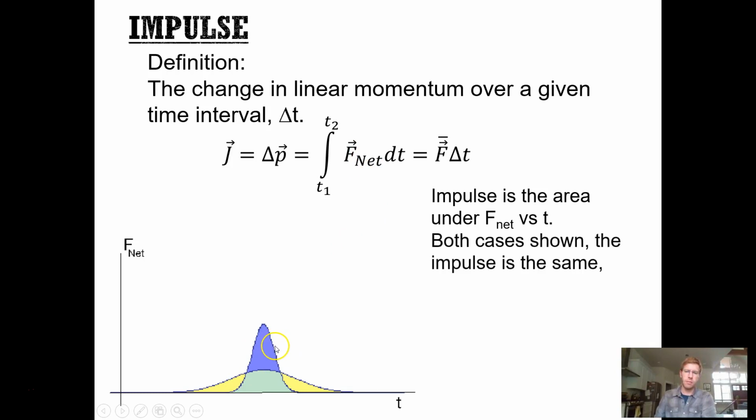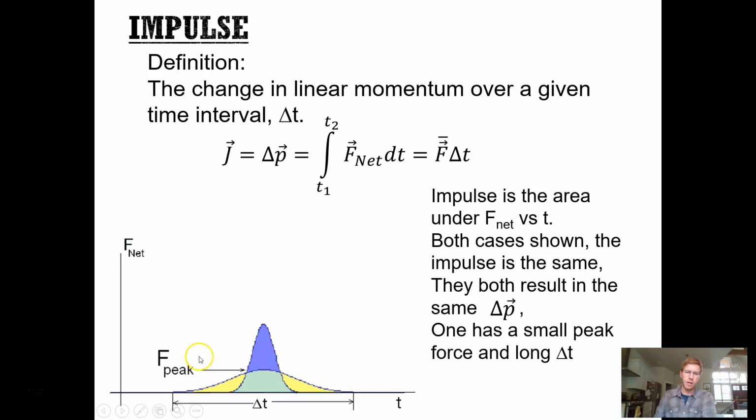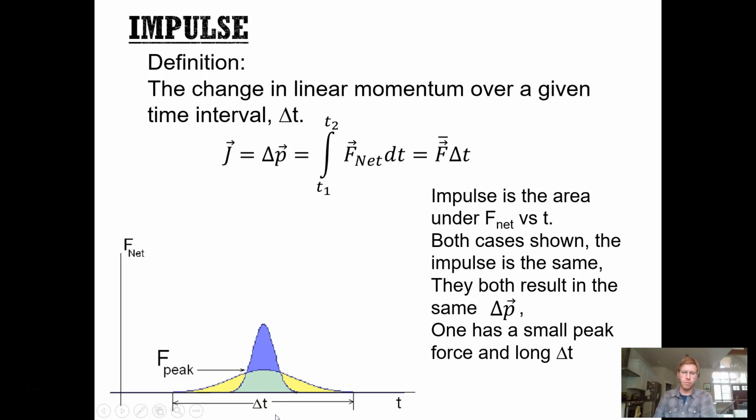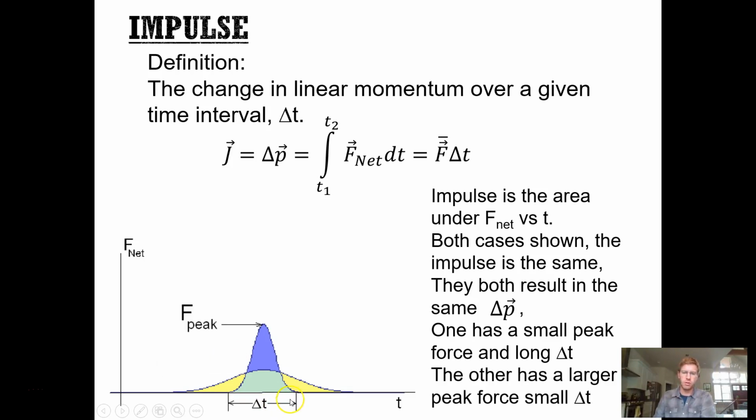What's different about them? The force. Each one has a different force peak, so one is a smaller force over a larger time, whereas the other is a larger force over a smaller period of time. Whether you have a small force for a long time or a large force for a small time, they both will give you the same overall impulse.